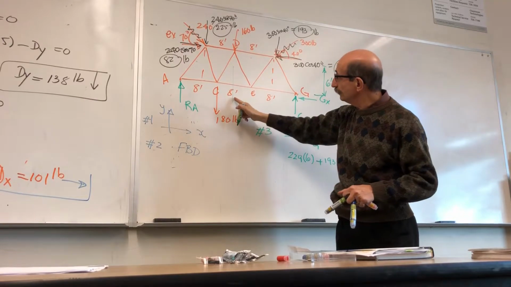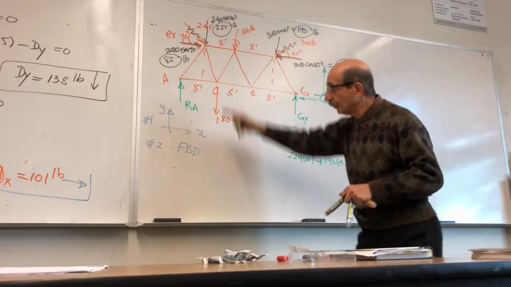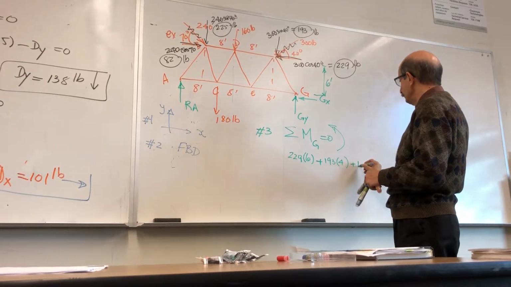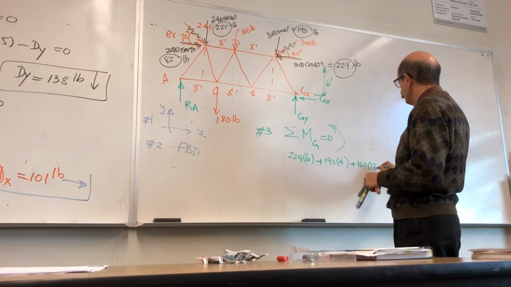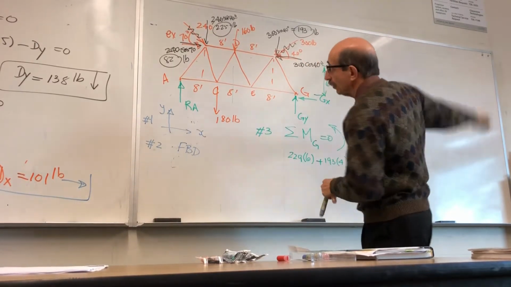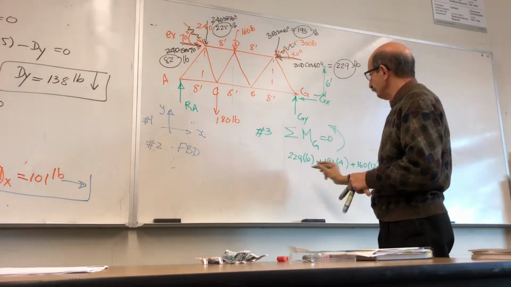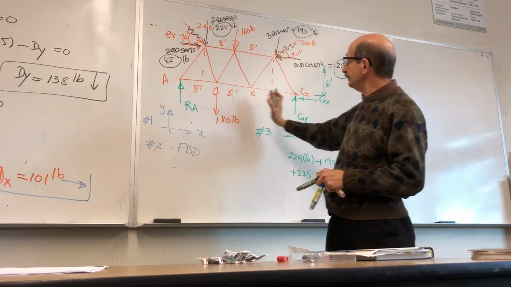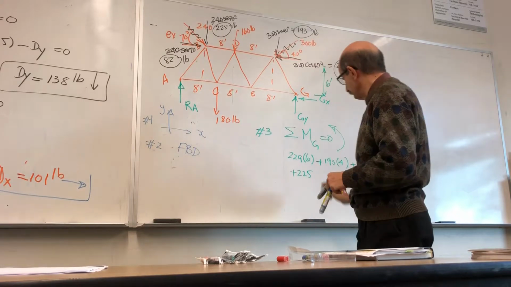This distance is 4 plus 8, 12, also counterclockwise. So you have 160 times 12 feet. Same thing with this guy, counterclockwise. You have 225. Distance is 8, 16, and 20.